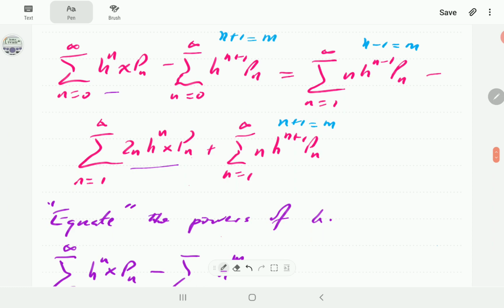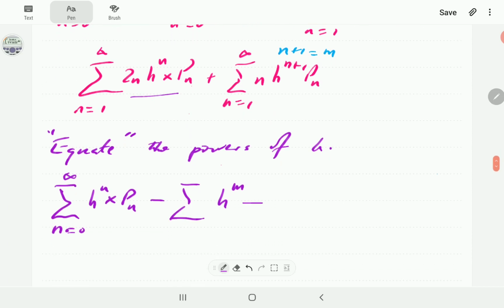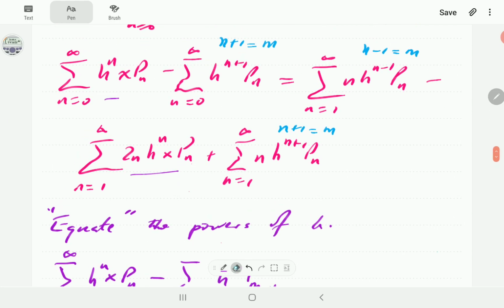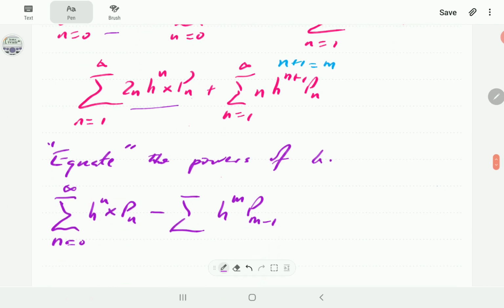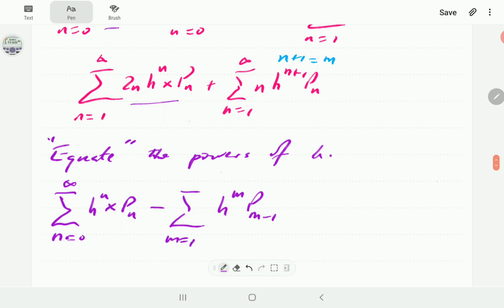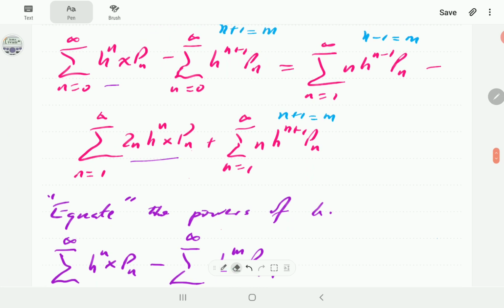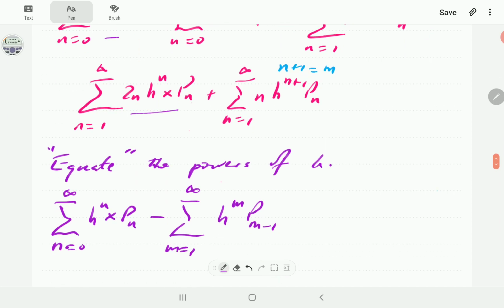Now, if we make n the subject of the formula here, n is going to be m minus 1. So p_n is the same as p_{m-1}. And then the lower summation limit, when n is 0, m is 1. So our lower summation limit is now going to be m equals 1. Okay, something similar is going to happen here because we've got exactly the same substitution.